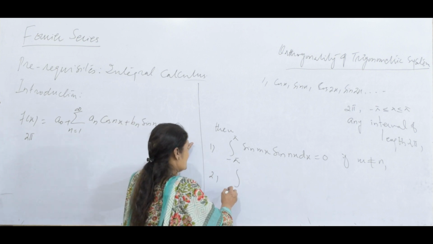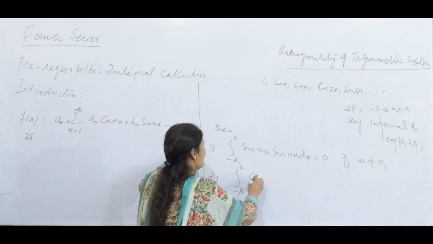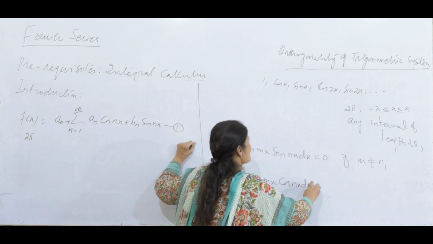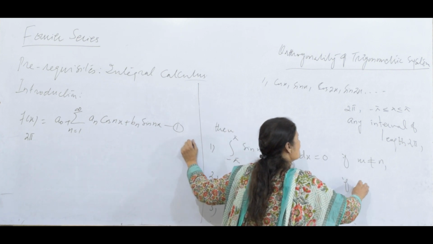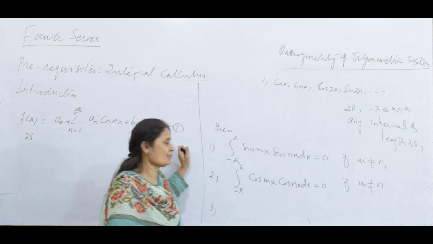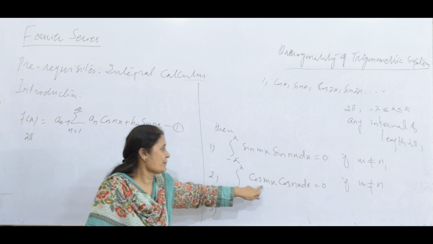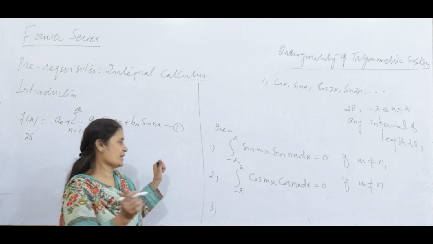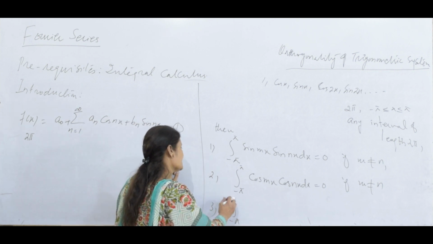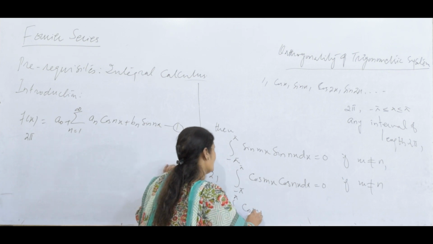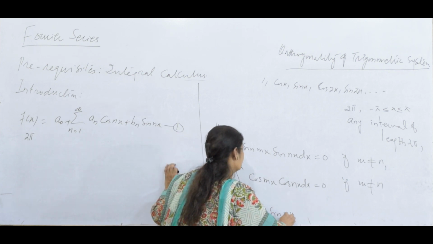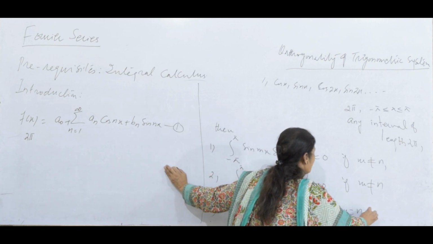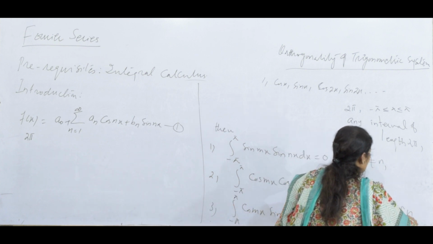Similarly, minus pi to pi of cos mx cos nx dx will be 0 if m is not equal to n. If m and n are integers and they are not equal, you are getting 0, but you are getting an answer if both are equal. The third step is minus pi to pi of sin mx cos nx, for all m equal to n and m not equal to n.